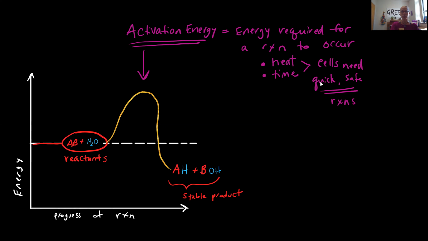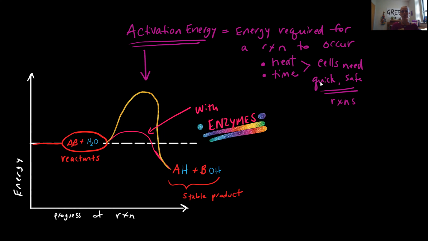So in our cells, what we see happening is our cells are making special molecules called enzymes. And the job of our enzyme is to lower that activation energy. It's basically making it easier for this chemical reaction to take place. Very often your molecules are going to pair up with the enzyme, and then based on the shape, it's either going to stress the bond, making it easier to break, or bring those molecules closer to each other so that the bond can form more easily.